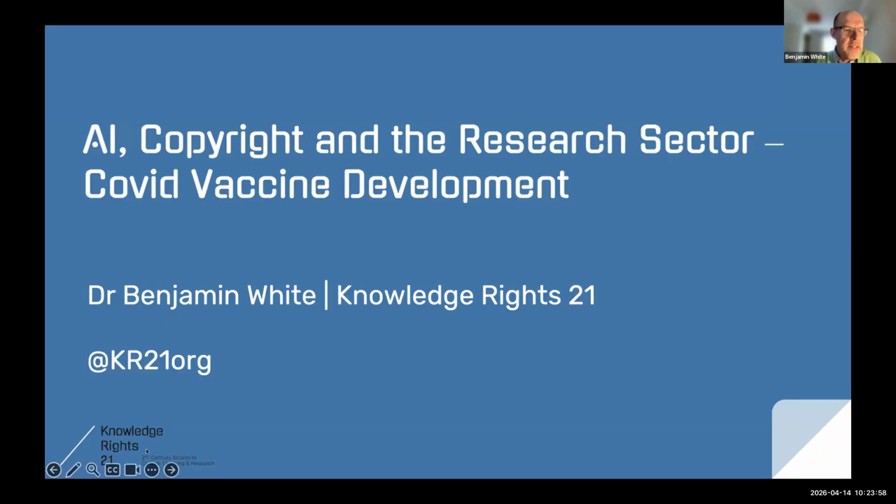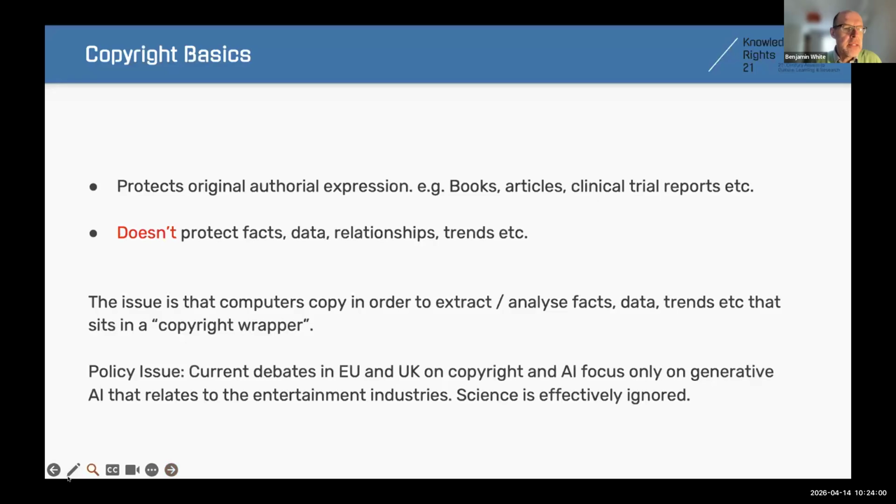So the case study that I have is around the development of the corona vaccine, and I'll be comparing and contrasting what is possible legally in Europe as opposed to what is possible in the United States when you're using material that is subject to copyright, which is not under an open license.